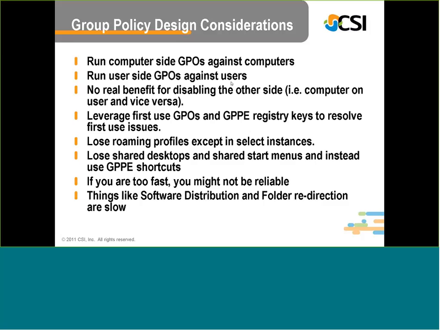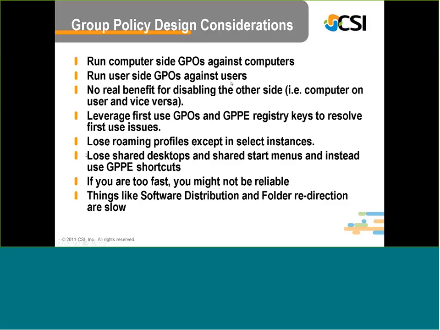We talked about first use in TPP, losing roaming, losing shared desktop start menus. If I get it too fast, like not saying wait for network, saying async instead of sync, I might not be reliable in getting my stuff.